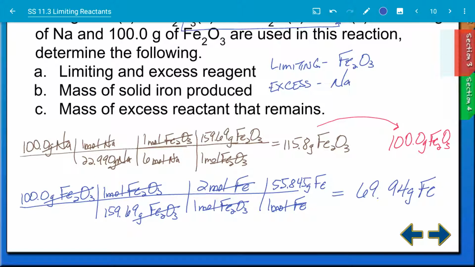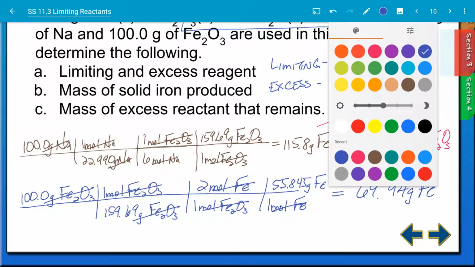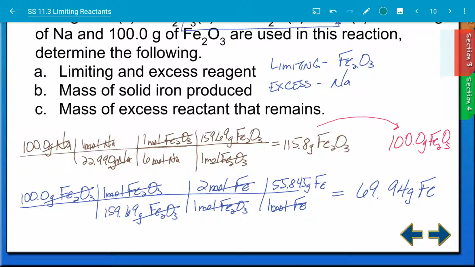Now the question is the mass of excess reactant. I know that my limiting reagent is iron oxide, but I don't know how much sodium I'll have left over. So what I'll need to do is do this top equation backwards, starting from 100 grams of iron 3 oxide and going into moles of iron 3 oxide, into moles of sodium, into grams of sodium.